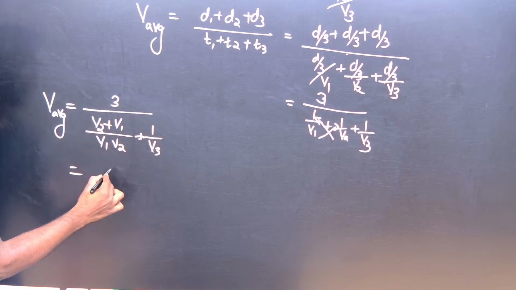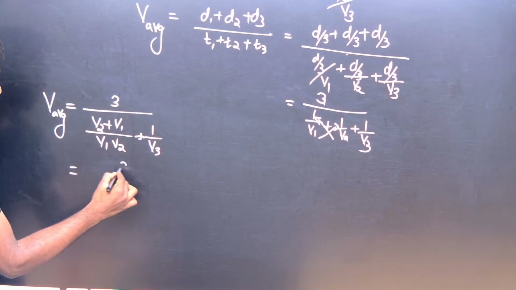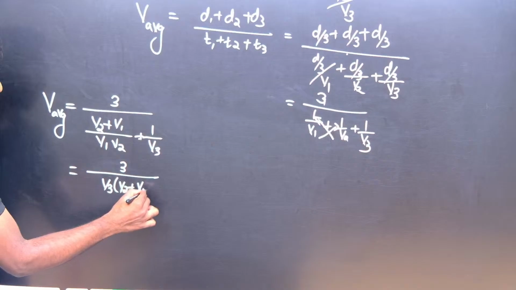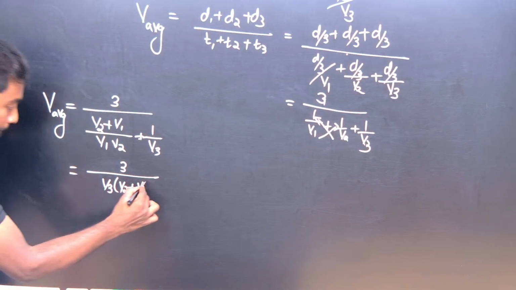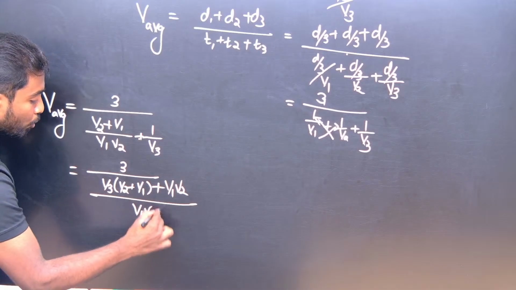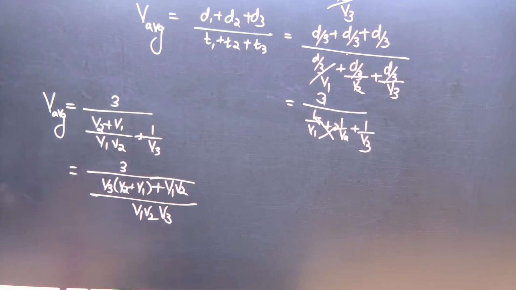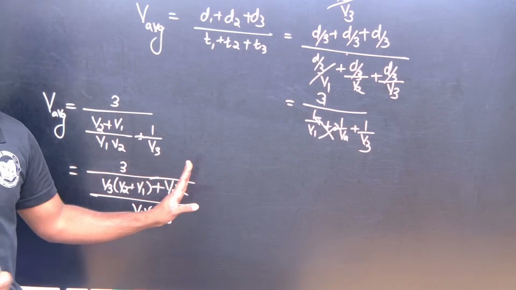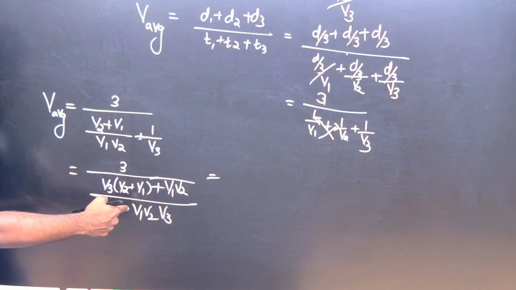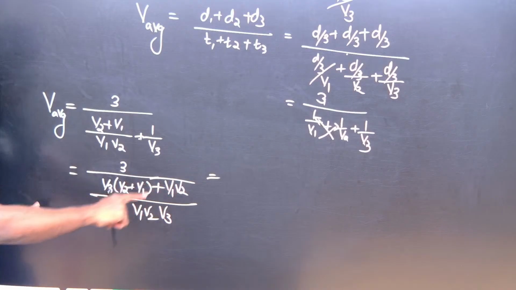So cross multiply. 3 by v3 of v2 plus v1 plus v1 v2, by v1 v2 v3. Any doubt here? I have cross multiplied and I have taken. Now it should be equal to v2 v3, v1 v3 and v1 v2 are there.